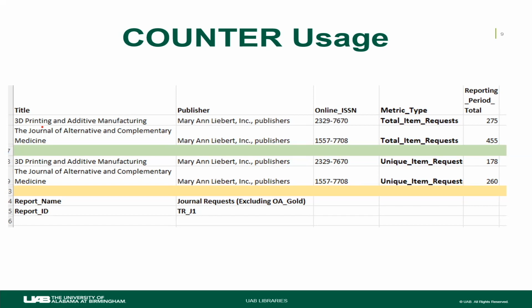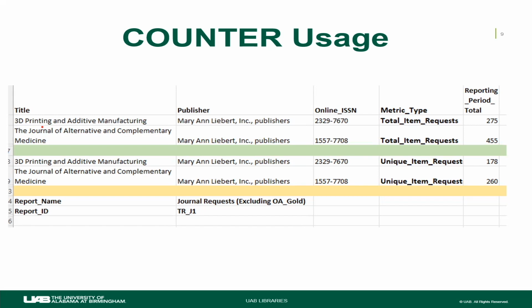So what I've done is I've pulled on this one report that comes up, it shows the titles in two different numbers or two different information points. So if you go over and look at your metric type, it shows you the total item requests. And then for the same title, it shows you the unique item requests.